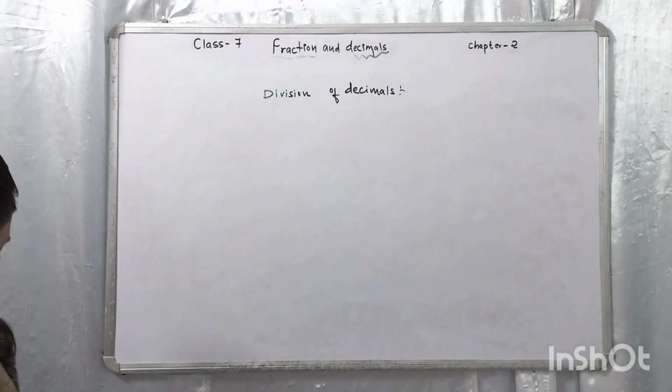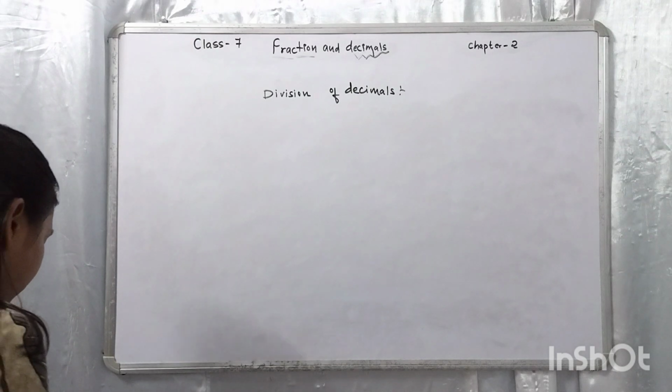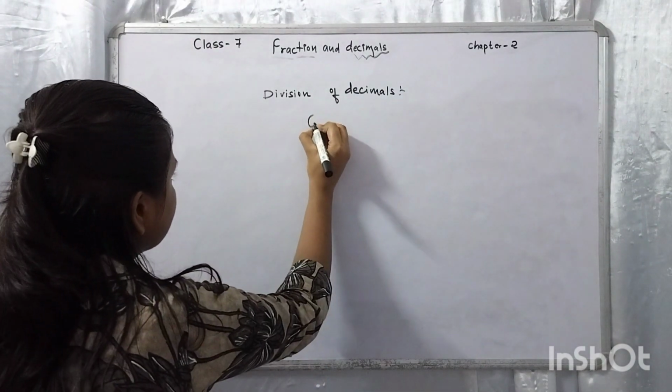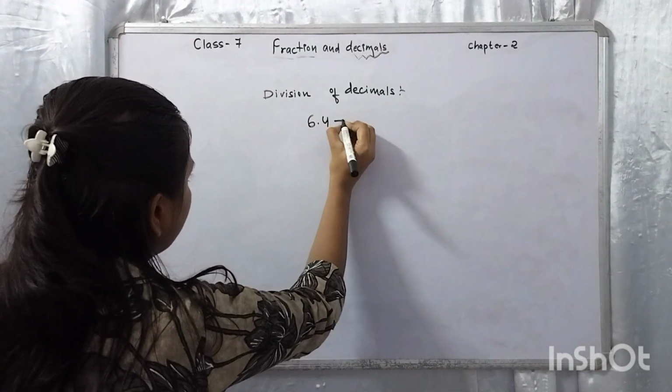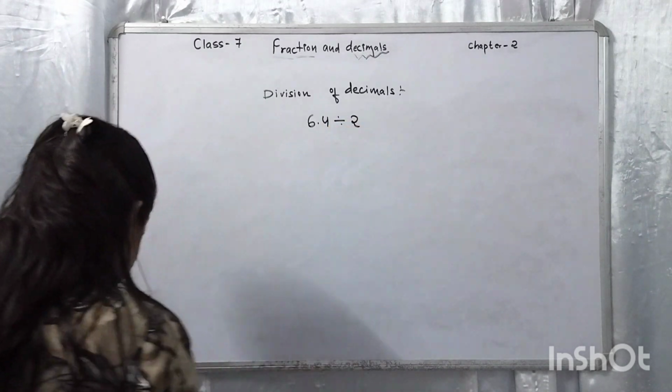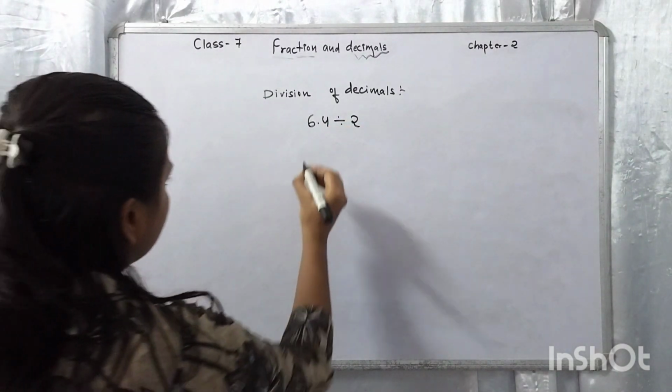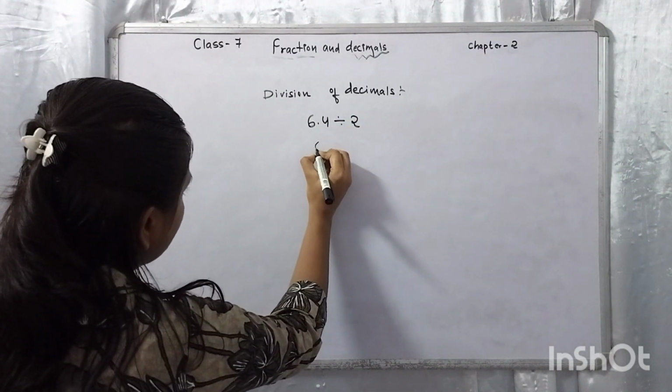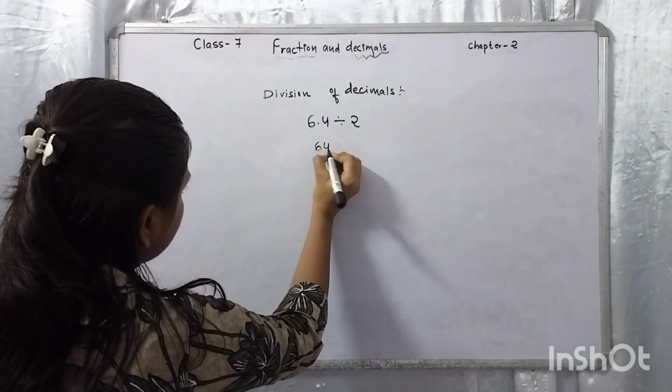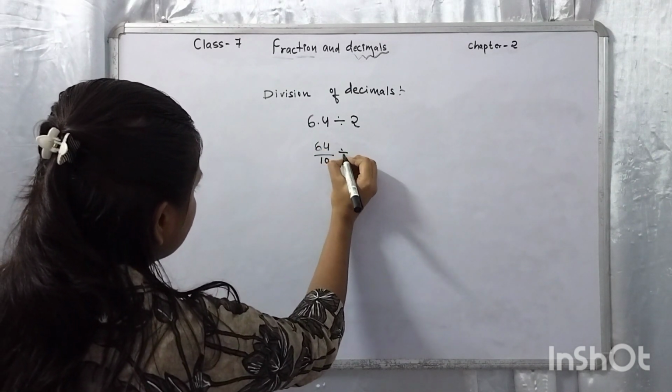So division of decimals. Here now we will divide a decimal number with a whole number. Fine. Here our first step is you will convert this into fraction.